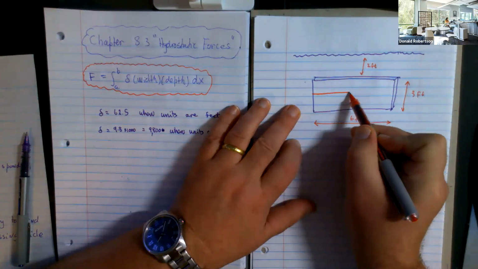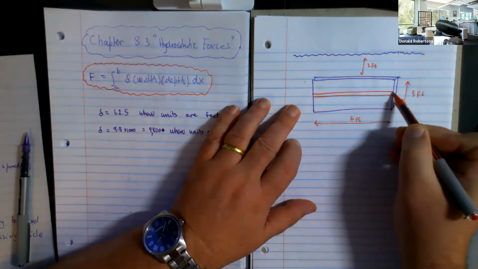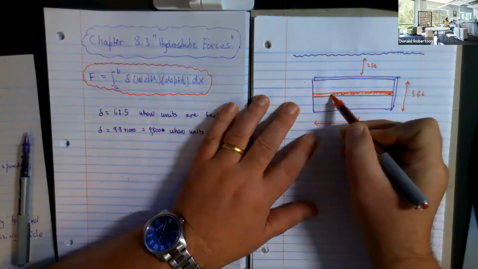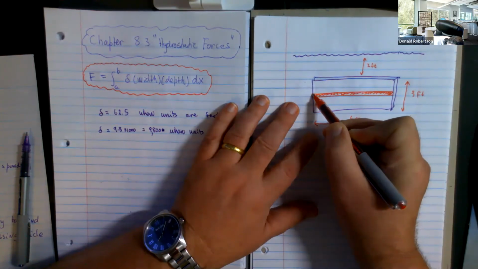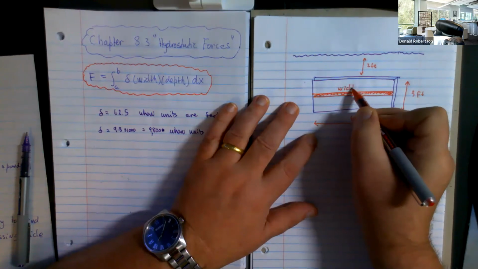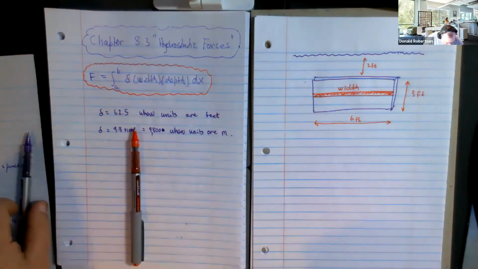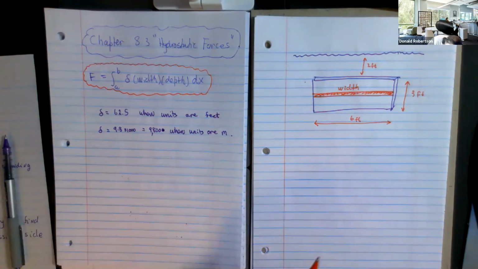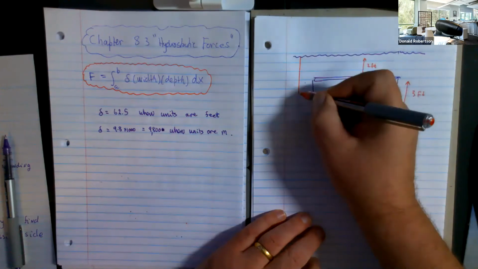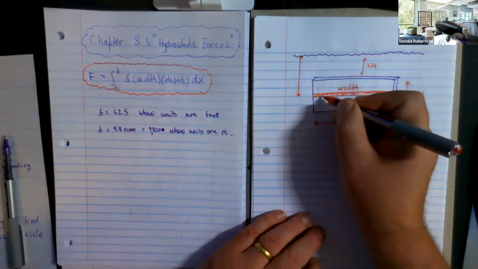You randomly draw a horizontal strip, so it's always going to be a horizontal strip. And the distance from the end to the end is what we call the width. So that guy there is the width. You then, in this particular question, although this varies a little bit, have a distance from the surface to that guy.